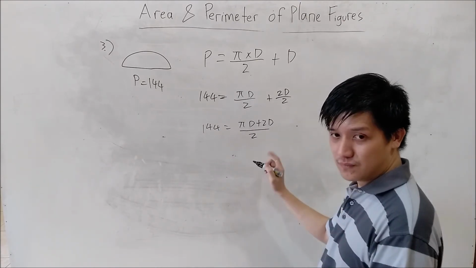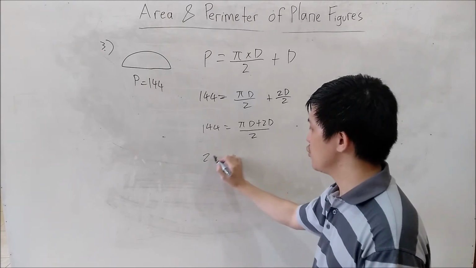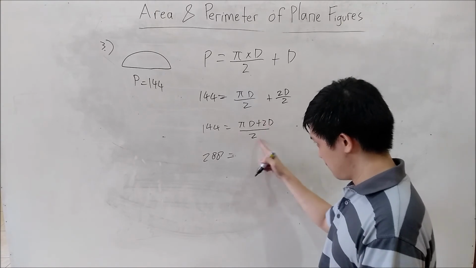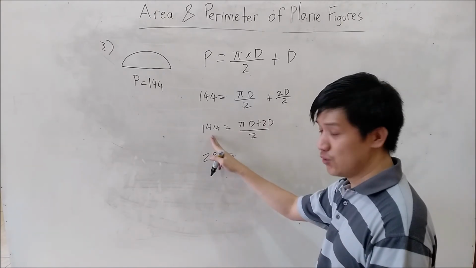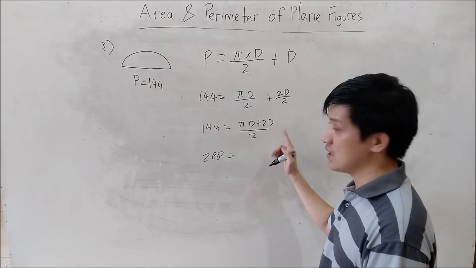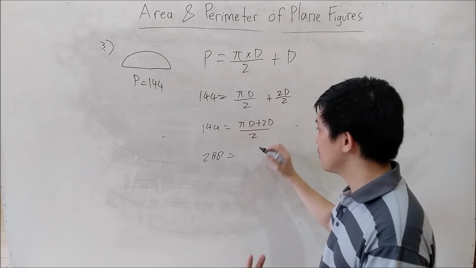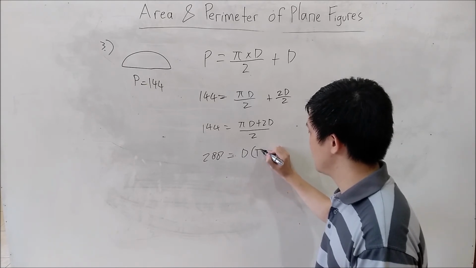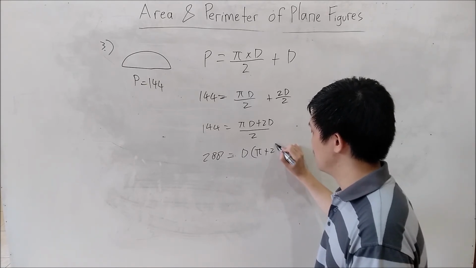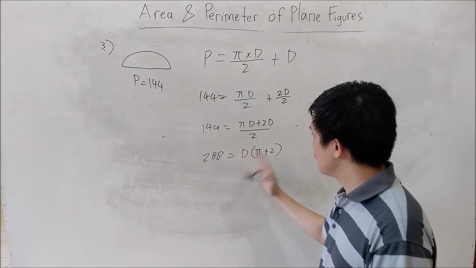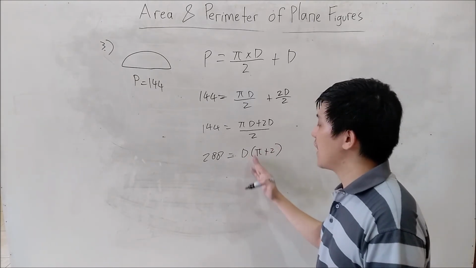And then you will do cross multiplication. You will have 288 equals to the pi d, and since you already multiply the 2, so the 2 is gone. So we only have pi d plus 2d. Using the factorization, we can factorize it with d times pi plus 2. Am I correct? And then what you can do is you can just finish the pi plus 2.